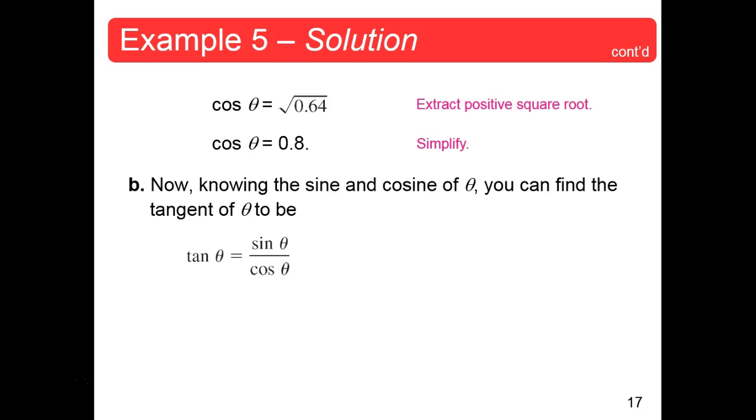Cosine of theta, we calculated it. Tangent theta, the ratio identity, also called the quotient identity, sine over cosine, and that would be 0.6 over 0.8, which is 0.75. However you choose to get there, okay?